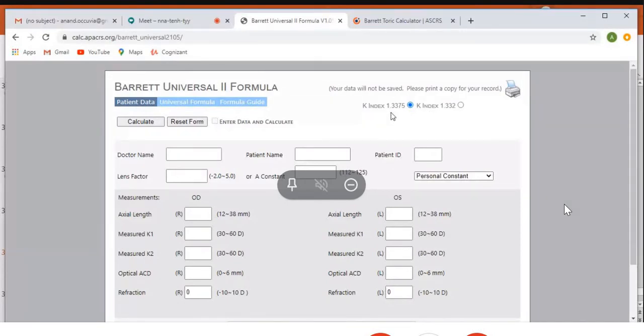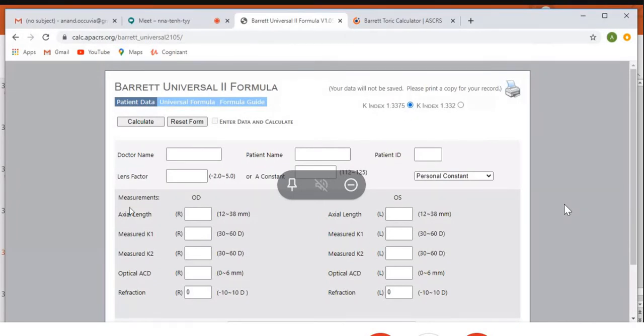But in a few cases, Pentacam or a few keratometers come with the refractive index of 1.332. So if we are taking a keratometer value from those keratometers, then we want to select this. But mostly we will select this only, because many keratometer machines use this standard keratometer index, 1.3375.